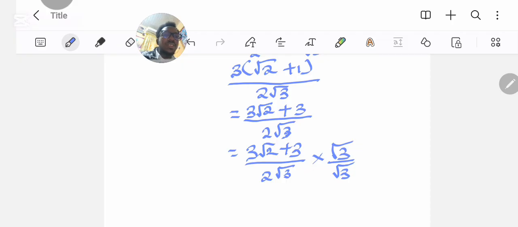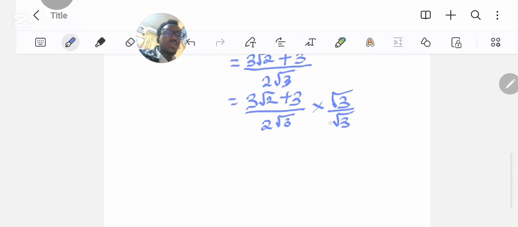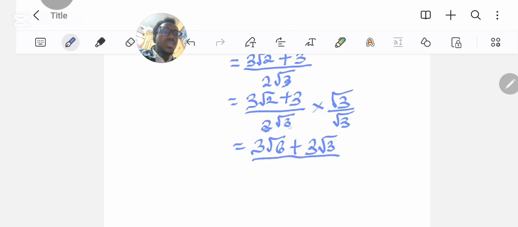Like I said in the last class when we were dealing with rationalization of denominators, you don't need to use these two to also multiply both numerator and denominator. There is no need for that. So 3 root 2 times root 3 is going to give us 3 root 6, plus 3 times root 3 is going to give us 3 root 3, all divided by 2 root 3 times root 3, which is going to give us 2 times 3.